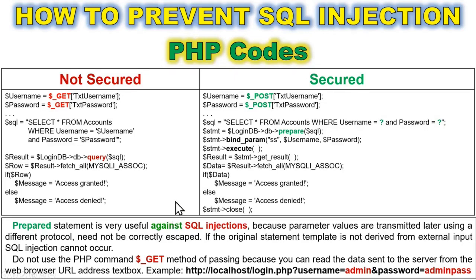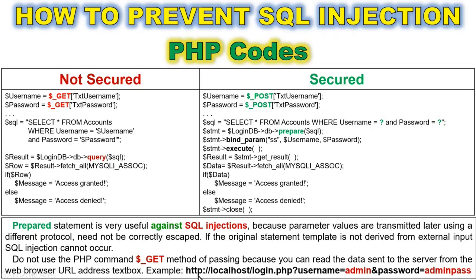For example, if I type the username admin and then the password adminpass, and then I click the login button, and the PHP code uses the $_GET method of passing data to the server PC, therefore, if I read the URL address of the web browser, it will look like this.